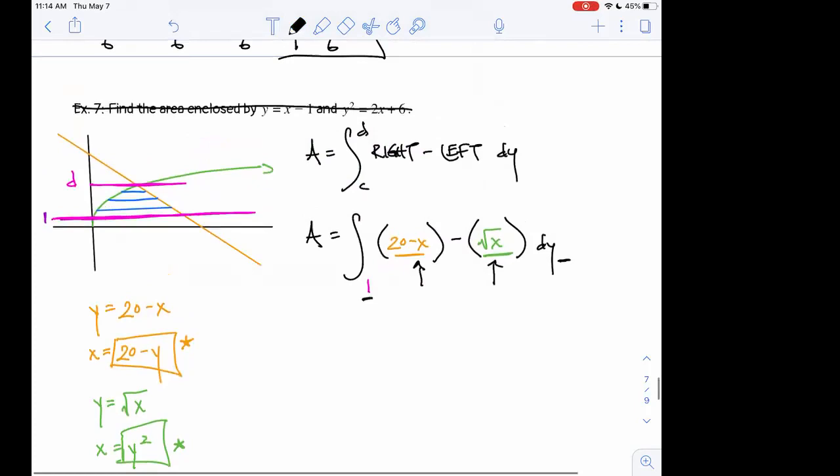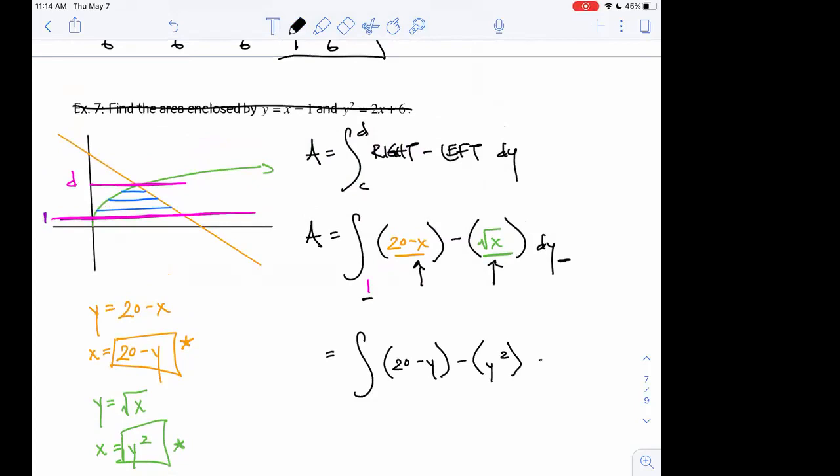And so when we do that, we will get our integral of 20 minus y, that's the right curve with respect to y, minus y squared, that's the left curve with respect to y. And that means that it matches the dy on the end.